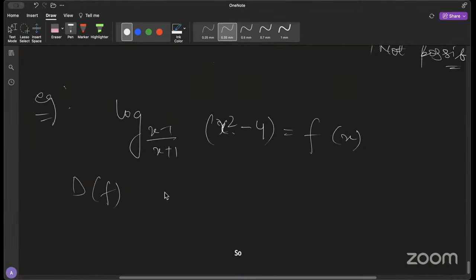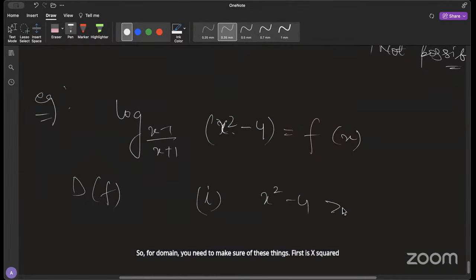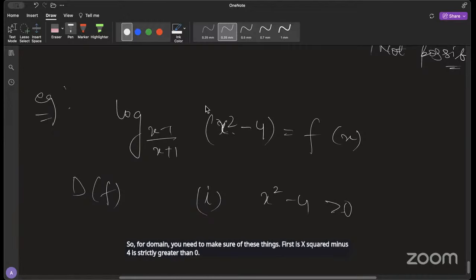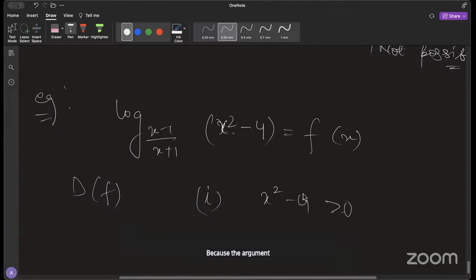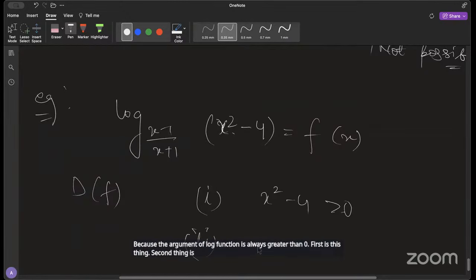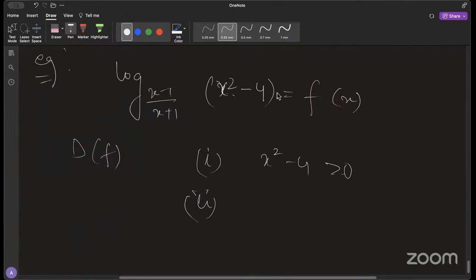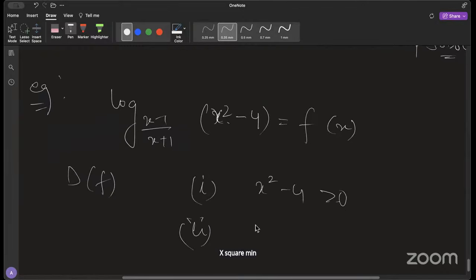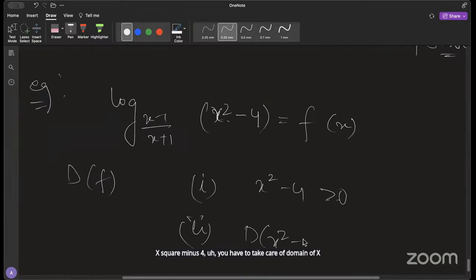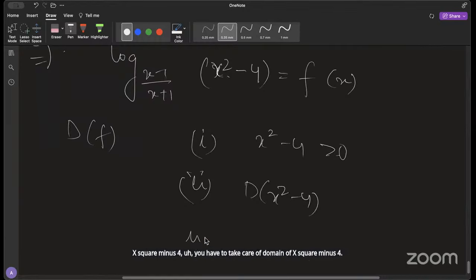So for the domain, you need to make sure of these things. First is x square minus 4 is strictly greater than 0, because the argument of a log function is always greater than 0. Second, you have to take care of the domain of x square minus 4, but this is real numbers only, so that's not important.